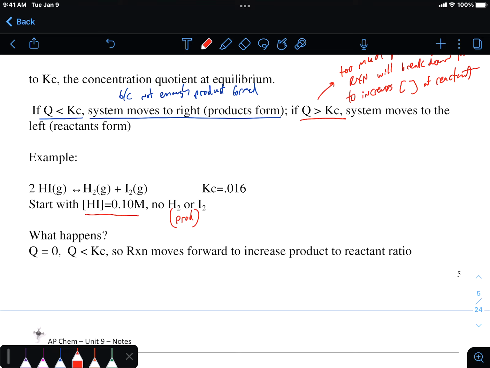So this reaction must go forward in order to get to an equilibrium. So if there's ever a zero for an initial, the reaction must go towards that direction and make that. Maybe it's easier to see that in an ice table.